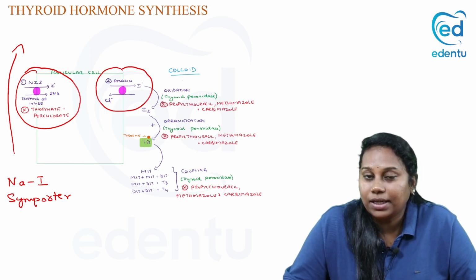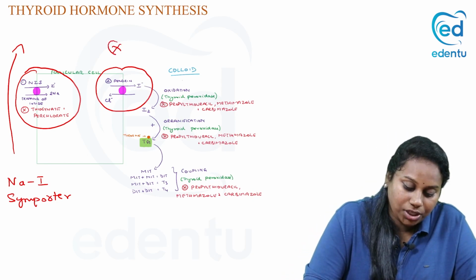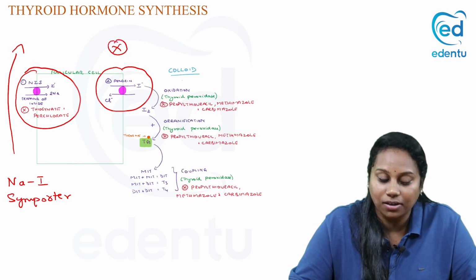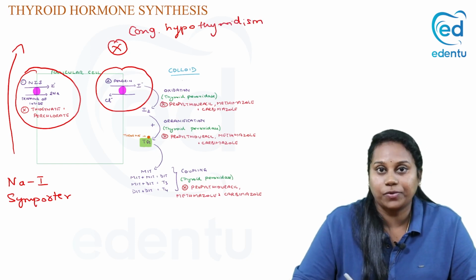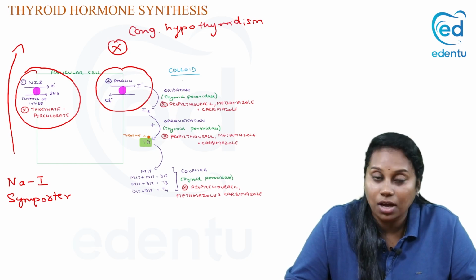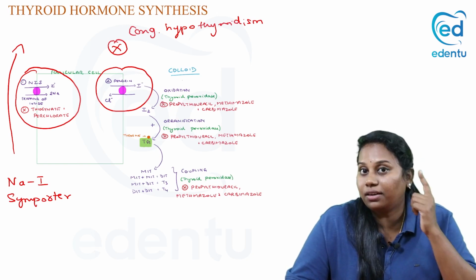And how is it important clinically? See, any mutation of pendrin, the gene for pendrin, if it is mutated, it can result in congenital hypothyroidism. Why hypothyroidism? Because this step is blocked. So no thyroid hormone synthesis. So it can cause hypothyroidism. And also pendrin is present in the inner ear.